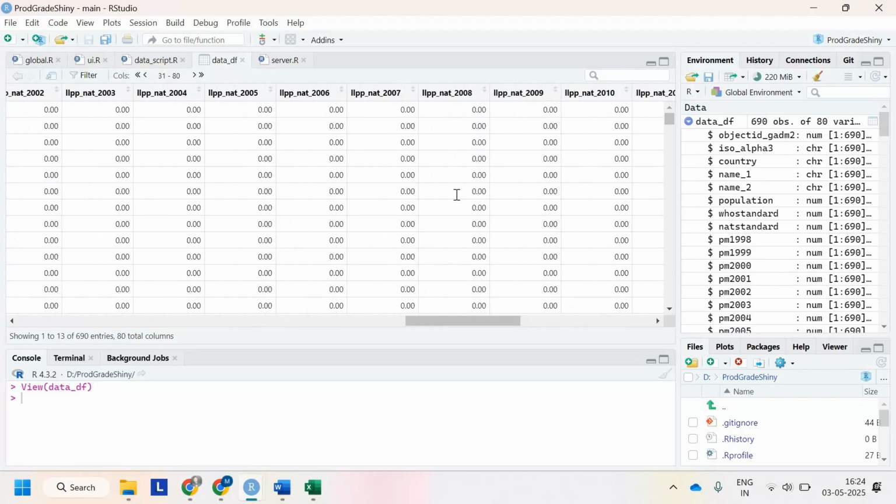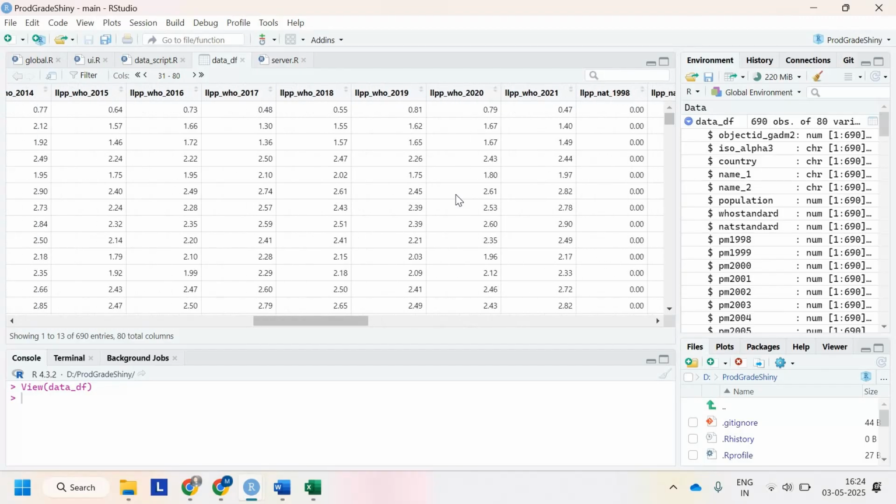Fantastic, so we have all the data with us. This data indicates life loss per person. WHO does some kind of calculation based upon the air quality in the country, in a state, in a district, and they come up with that value: if you do not follow the WHO guideline standard of PM 2.5 concentration, then your life loss over the year will be around 0.79.